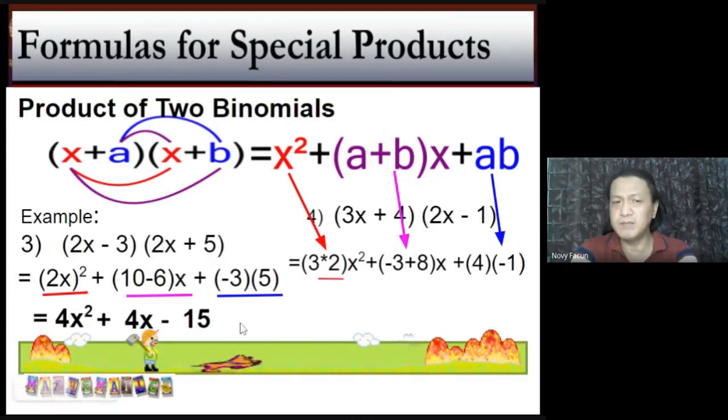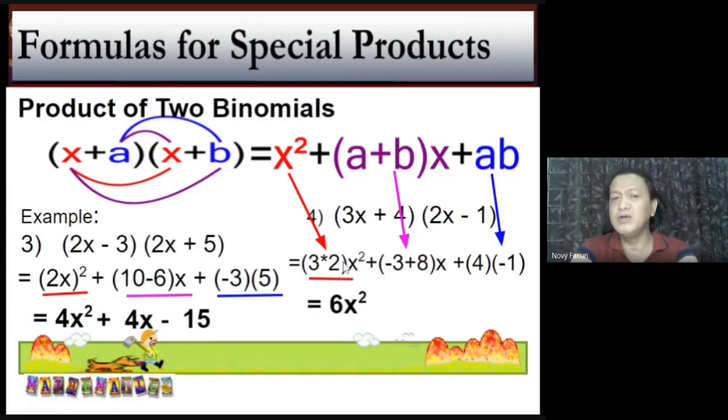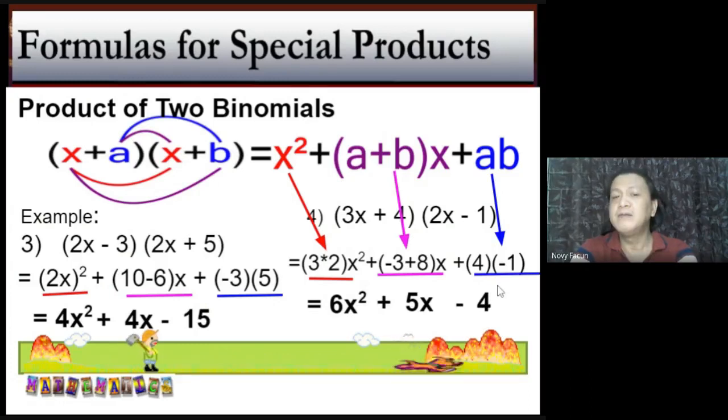Therefore, if you simplify this, we have 3 times 2, so 6x squared. Just copy the literal coefficient x squared. Then negative 3 plus 8, that is 5x, or plus 5x. And we have 4 times negative 1, or simply negative 4. Meaning to say our product is 6x squared plus 5x minus 4.